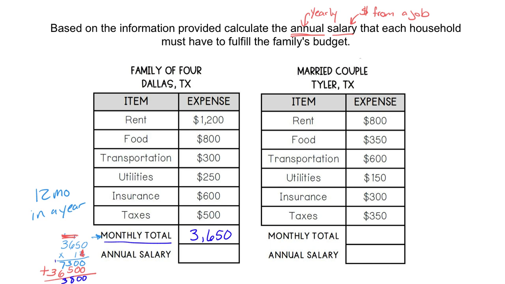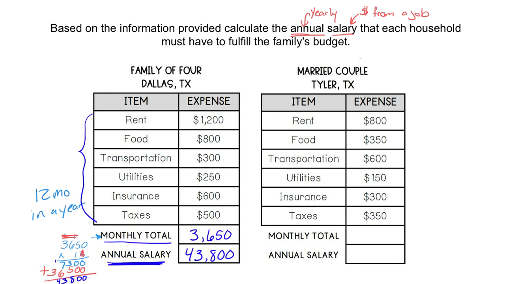Carry the 1. 1 plus 3 is 4. So the family will need $43,800. That is how much money they need annually every year in order to make all of these payments every month.